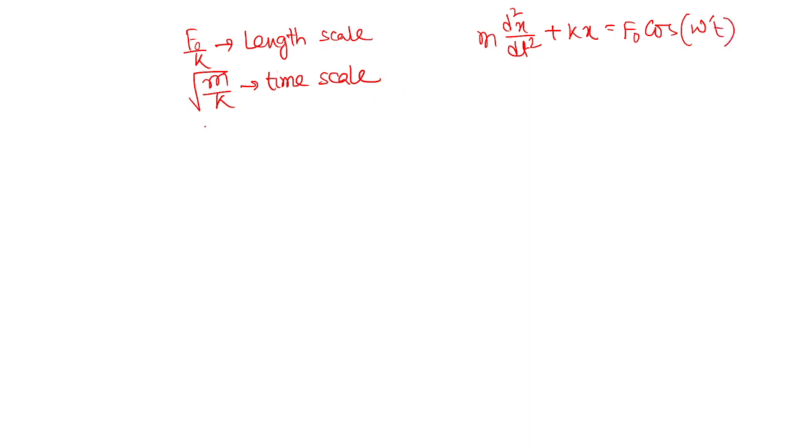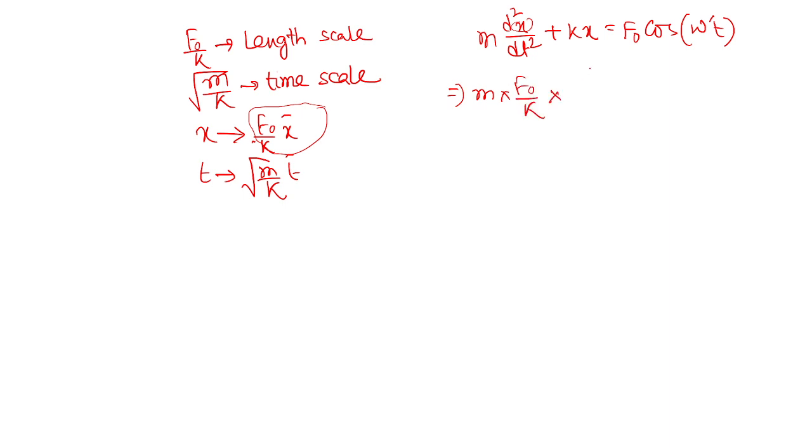So what we can do now is replace this x with f0 by k x bar and this t with root under m by k t bar. So let us replace them. So m, we will replace x with this value. So f0 by k will come out, and it will be d2 x bar by d t bar square, and due to this t, another m by k will come out.